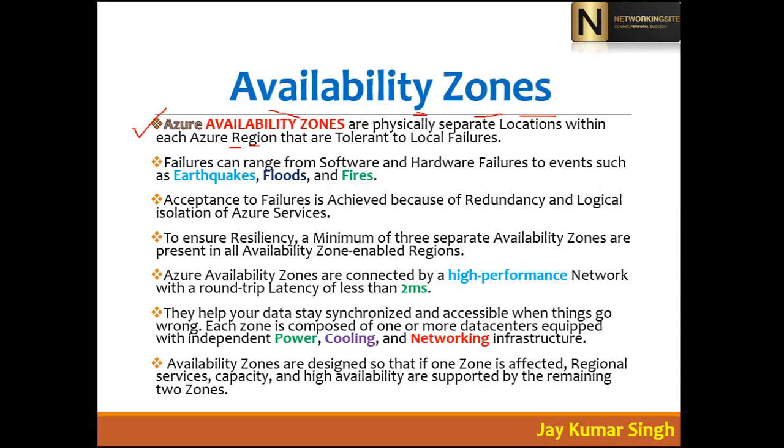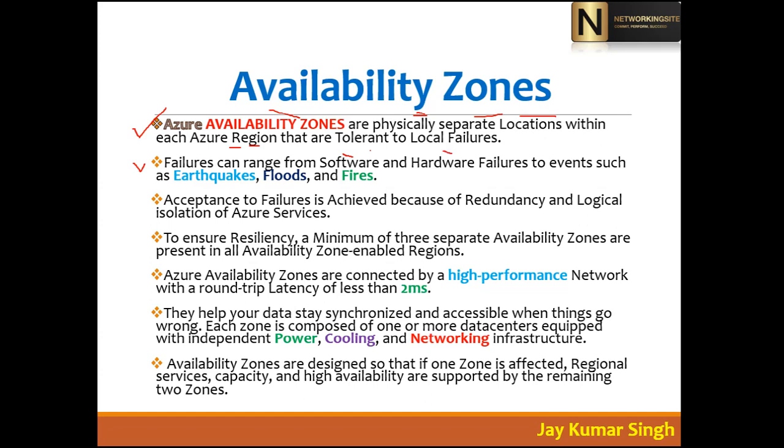It says that availability zones are physically separated locations within each Azure region. Why have they done it? To provide fault tolerance if there is some kind of failure with your servers. Failure can range from software and hardware failure.